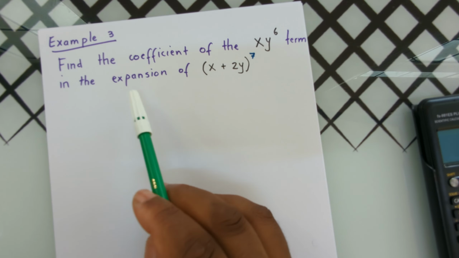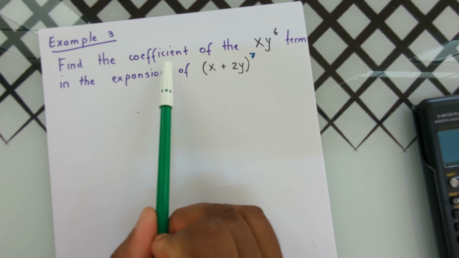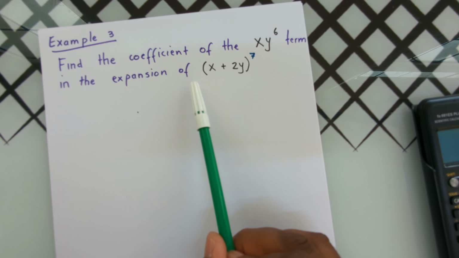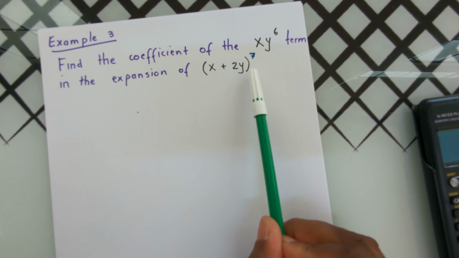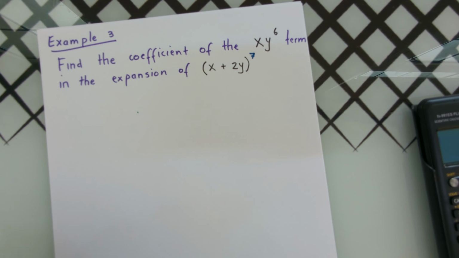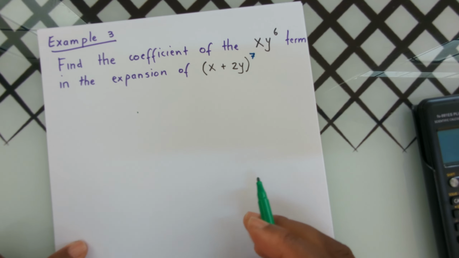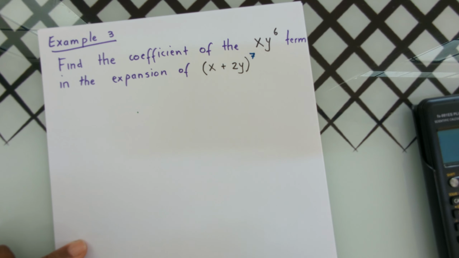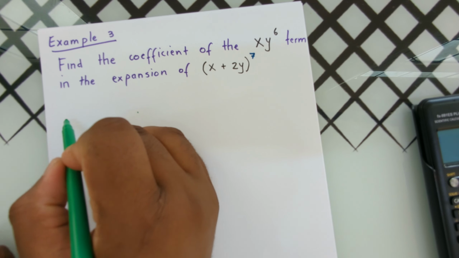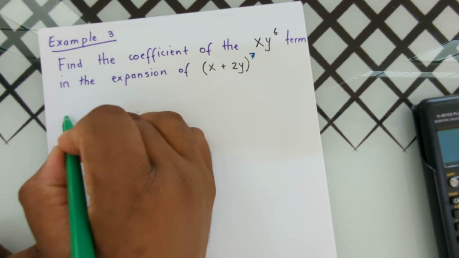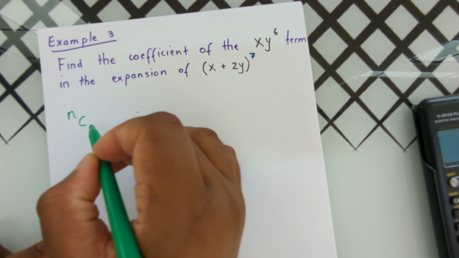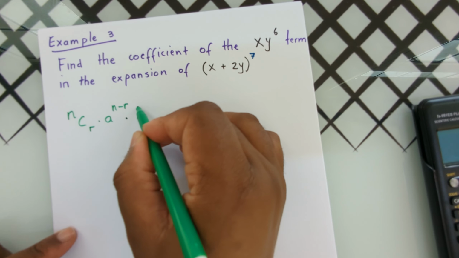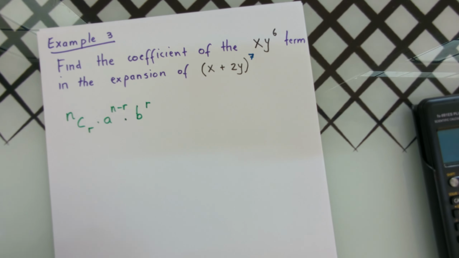In example number 3, we are given a question which says find the coefficient of the xy to the power 6 term in the expansion of x plus 2y in brackets to the power of 7. So the first thing is to identify the values of n, r, a, and b. Again, the binomial theorem says n choose r multiplied by a to the power n minus r multiplied by b to the power of r.